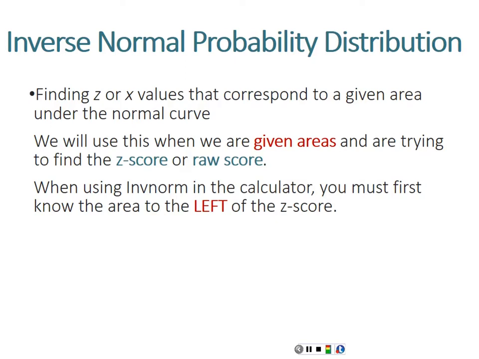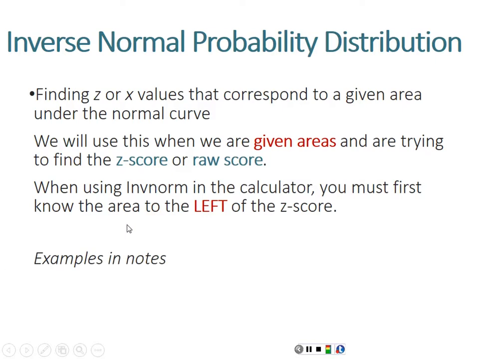So if you have been given the area to the right and you need the area to the left to put in your calculator, you take the area to the right and subtract it from 1, and that'll give you the area to the left. Okay? And I'll illustrate that with you as we go through. Just remember, you have to have the area to the left.